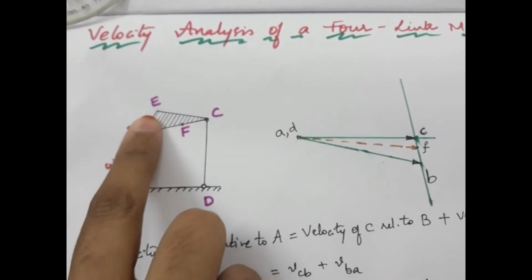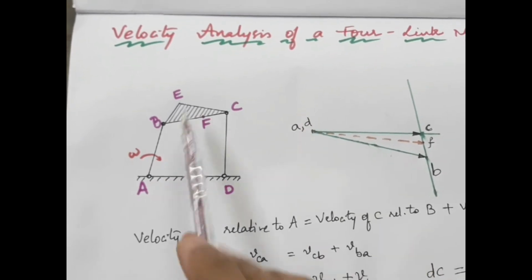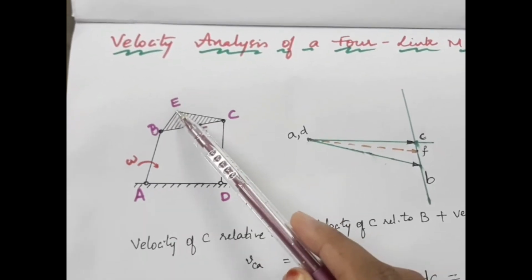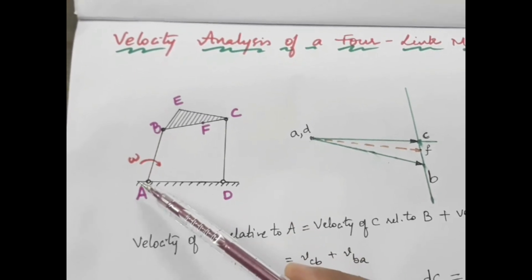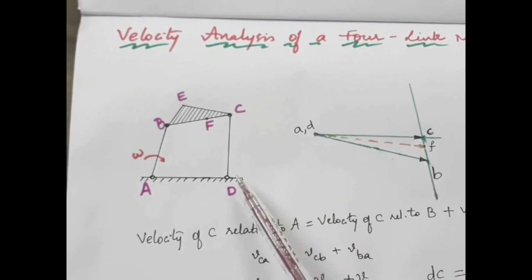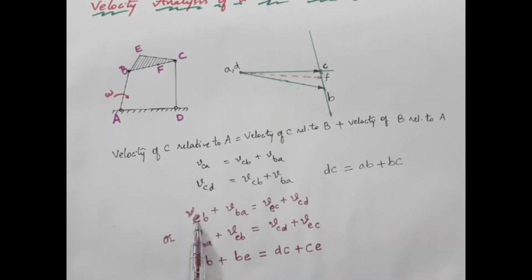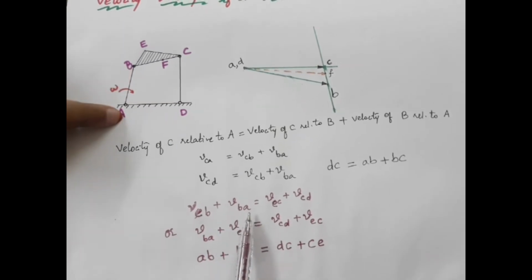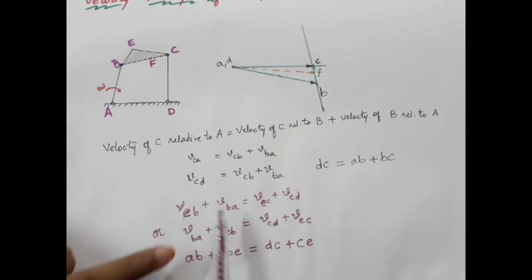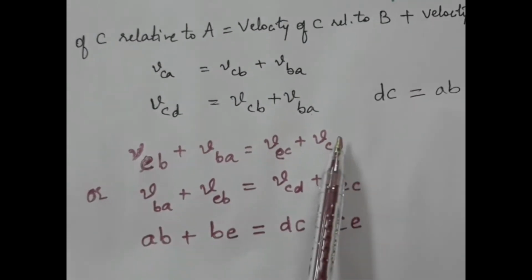Now there is another point in the mechanism which is offset to the mechanism. To write the vector equation for point E which is offset, we can write it in vector form: velocity of E with respect to B plus B with respect to A will be equal to velocity of E with respect to C plus velocity of C with respect to D. I just interchanged these two terms, and also these.